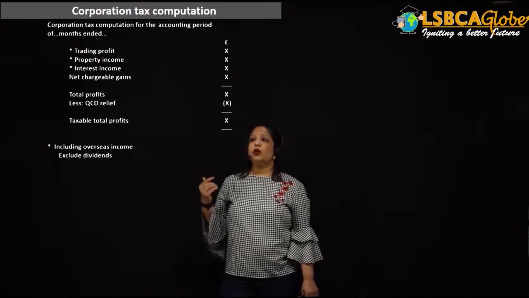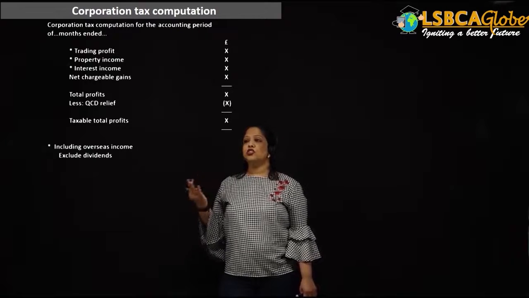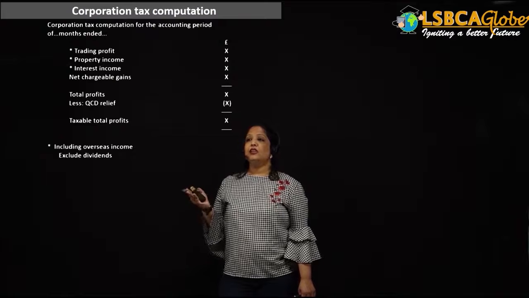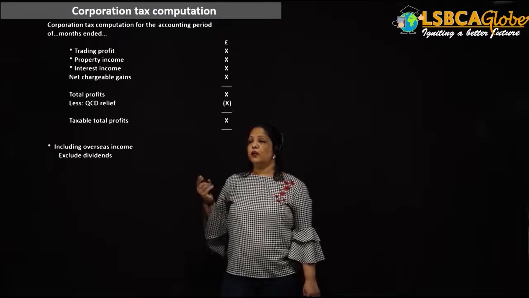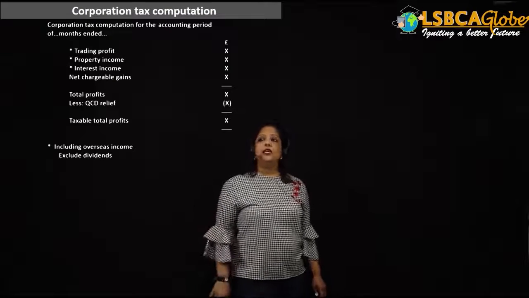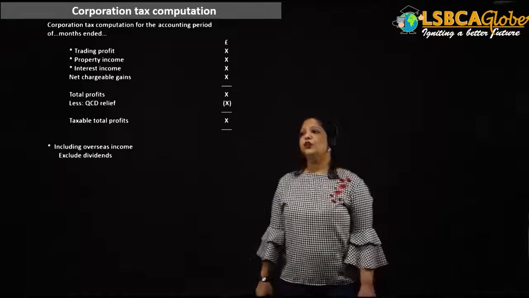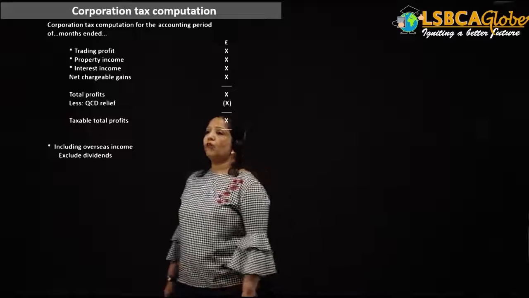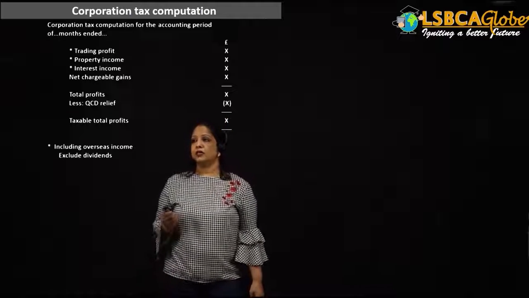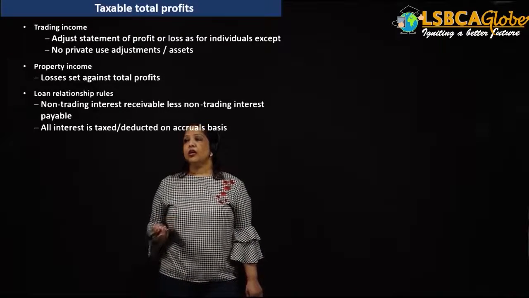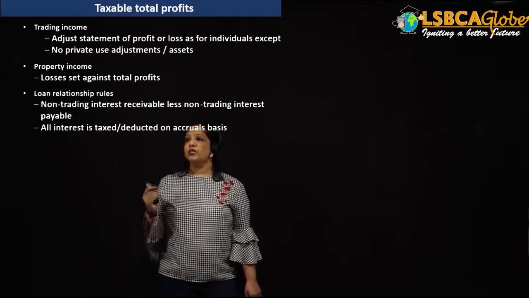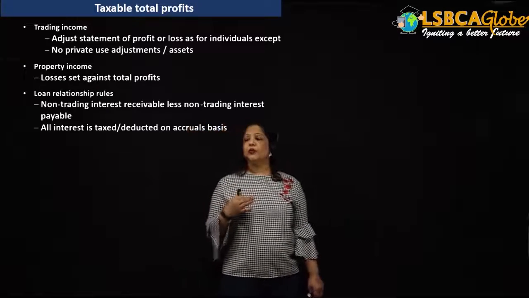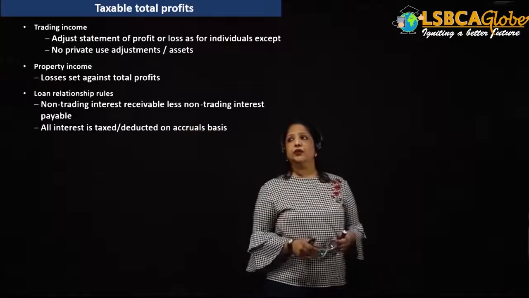When we deduct the qualifying charitable donations from that, we get the taxable total profits. And once we get the taxable total profits, we calculate CT liability, which is at the rate of 19%. Now class, we are going to discuss how to calculate the trading profits of a company.